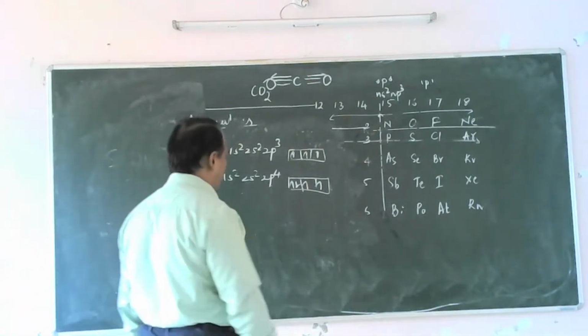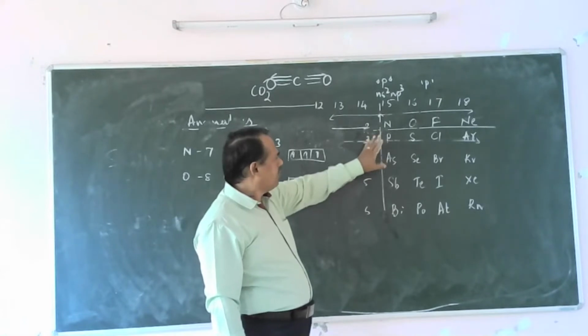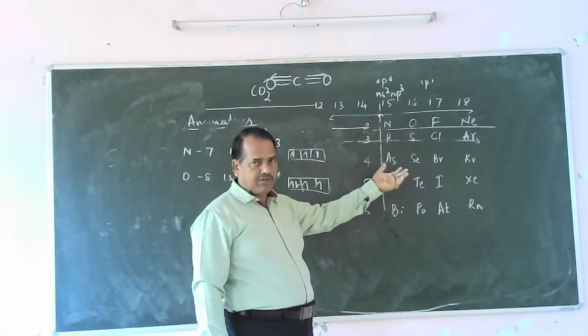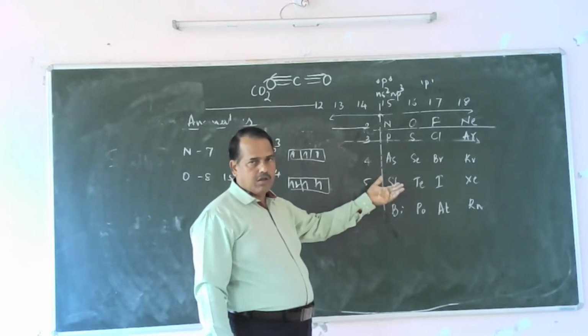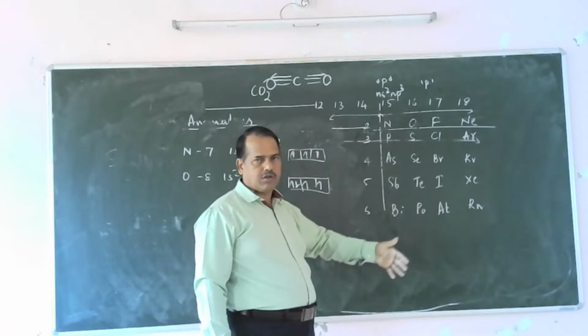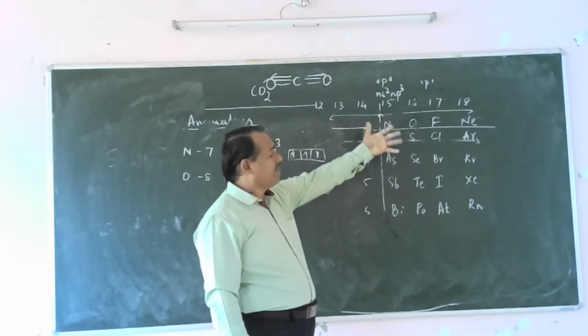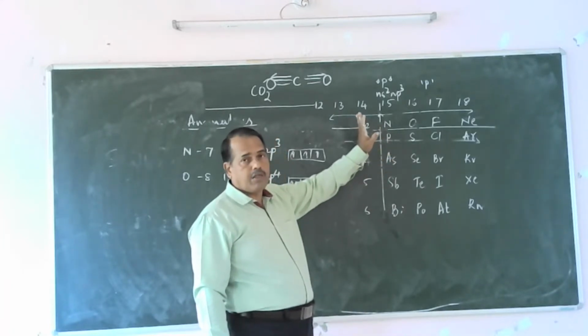Okay. This is the ionization enthalpy of group 15 elements. The first, second and third ionization enthalpies go on increasing in order. Beyond three electrons, it is very difficult to remove.